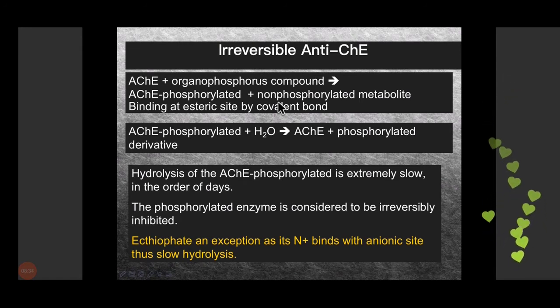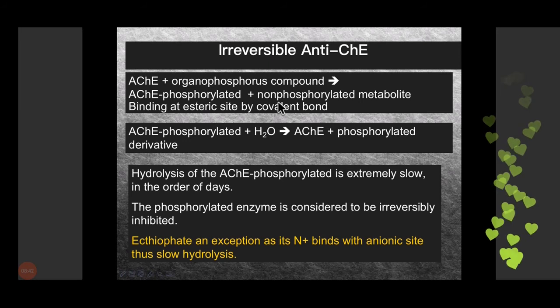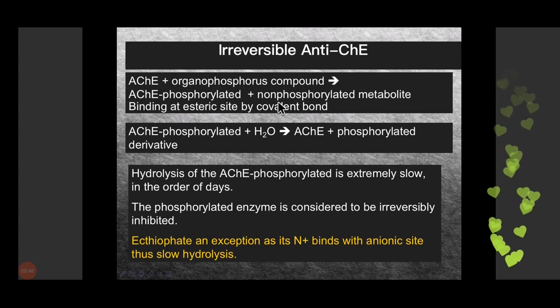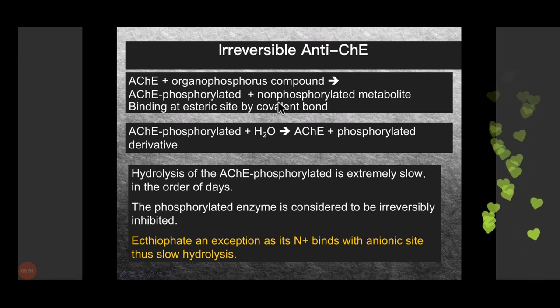Acetylcholinesterase will be phosphorylated, and the phosphorylated metabolite binds at the esteric site by a covalent bond. If you remember your chemistry, covalent is a strong bond to break. When water attaches to the phosphorylated acetylcholinesterase, the hydrolysis is extremely slow. Therefore, we are calling it irreversible. Phosphorylated enzyme is considered to be irreversibly inhibited.